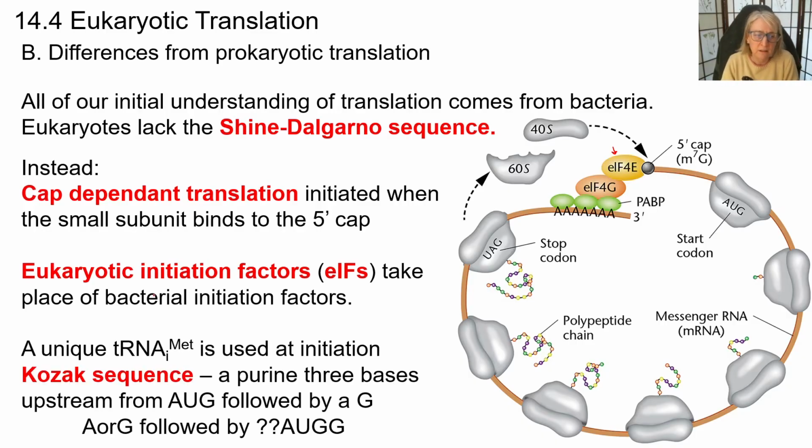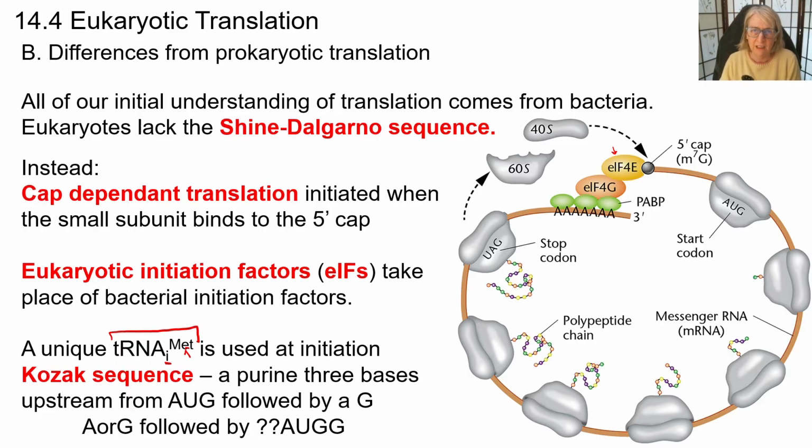And then the first tRNA that recognizes the site to start the process of translation is a unique tRNA. It is still using the same amino acid that we use in bacteria, but this particular tRNA is only involved in initiation. It's used at the Kozak sequence. Marilyn Kozak discovered this more recently.